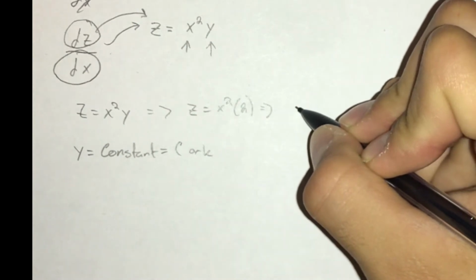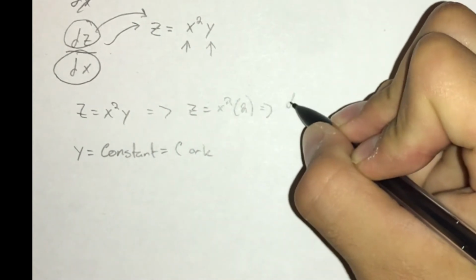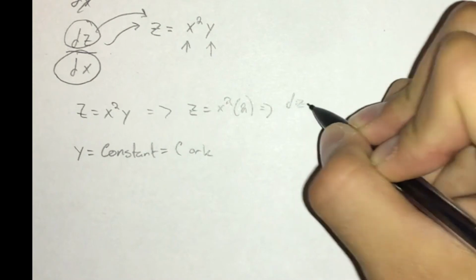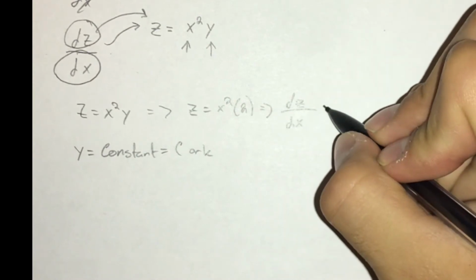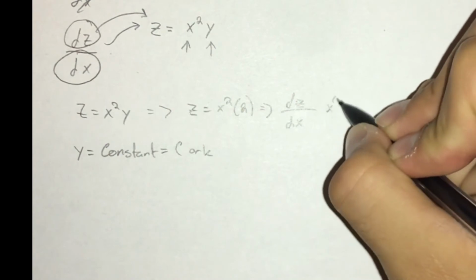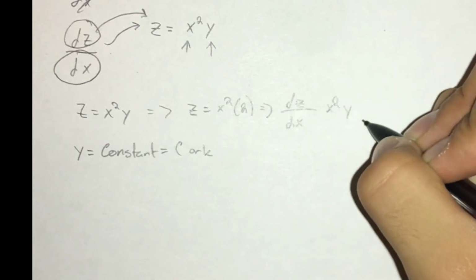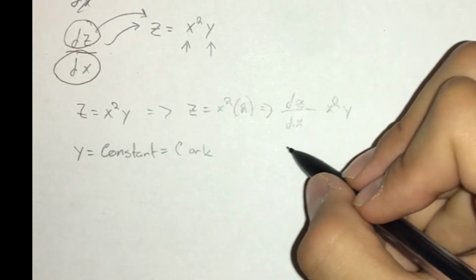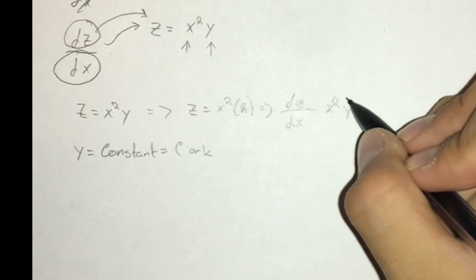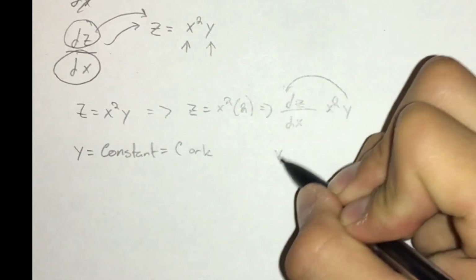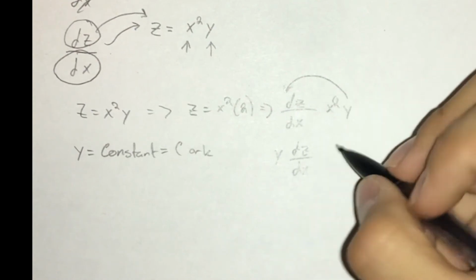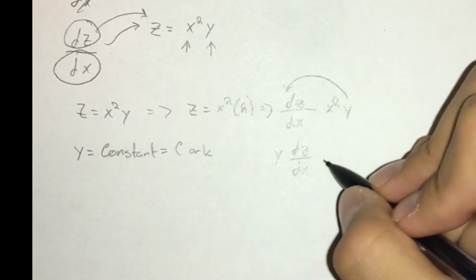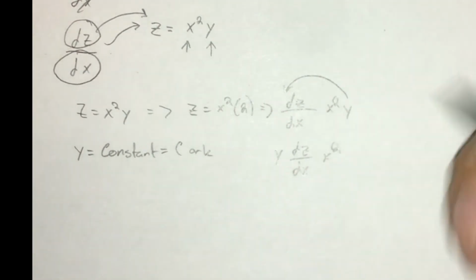So, what we're basically doing is dz dx for x squared y. So in order to do this, you could start by pulling out the y, because it's a constant. Now find dz over dx. Now that you pulled out the constant, all that's left is find a derivative of x squared.